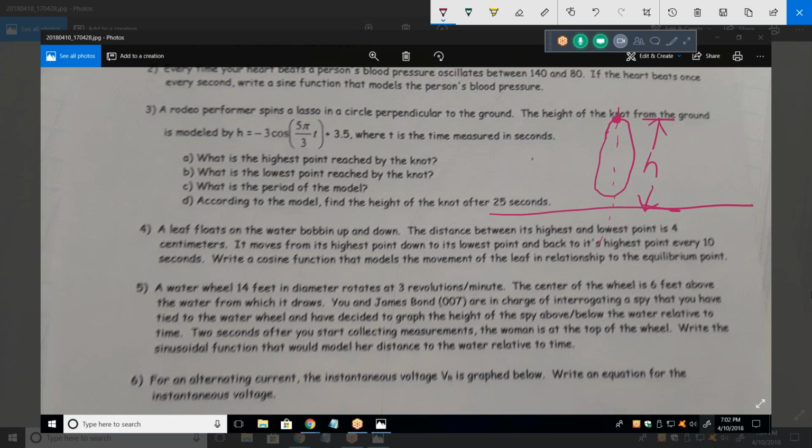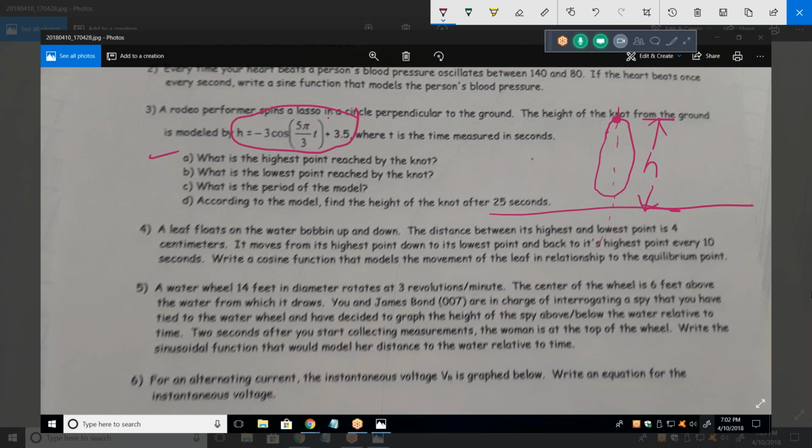It may not make any difference whether our picture is accurate or not, because what we have is an equation right there, where the only variables in that equation are the height and time. Okay, so let's just take every question one at a time. What's the highest point of the knot? Doesn't really matter whether my picture is correct or not.